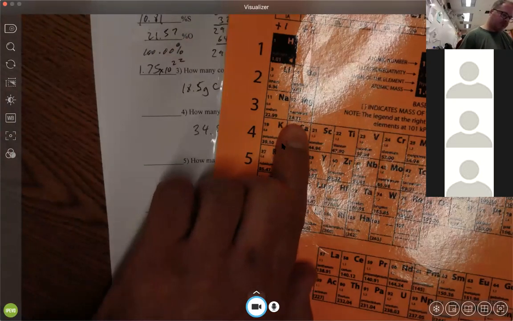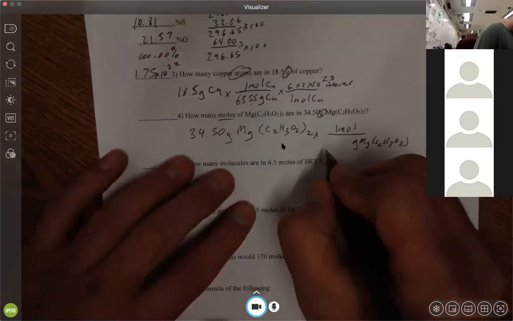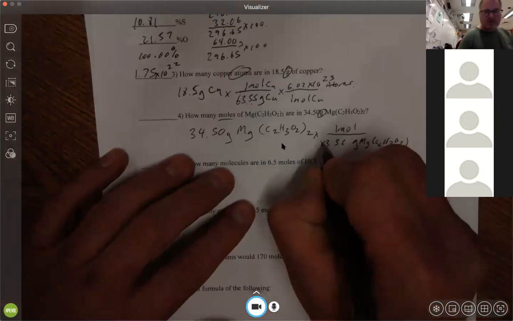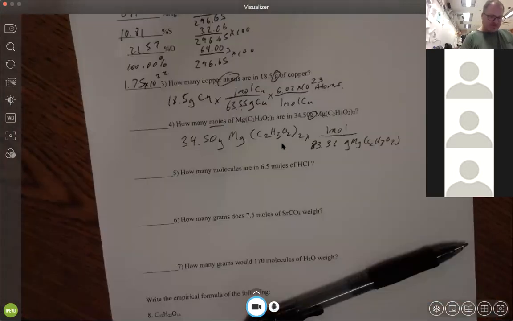That would be 83.36. And try it one more time to make sure that that's right, because if that's not right, then everything's wrong. 24.31 plus 3.03 plus 12.01 times 2 plus 16 times 2. It's 83.36. So I'm pretty comfortable about that.